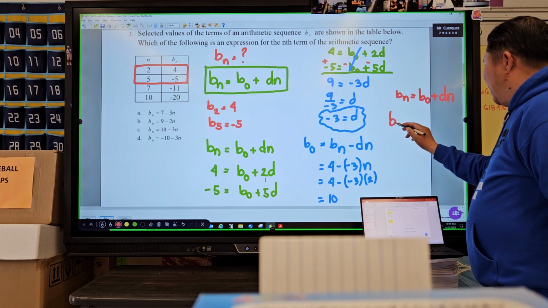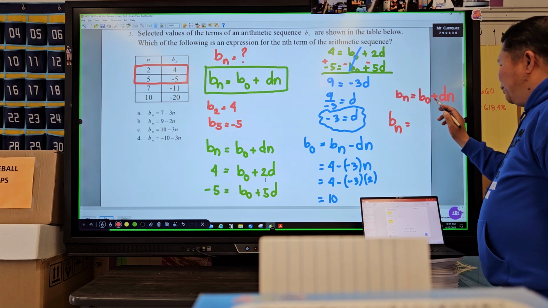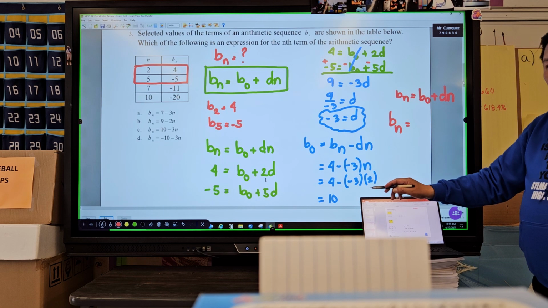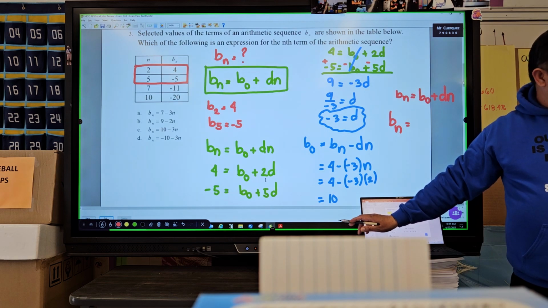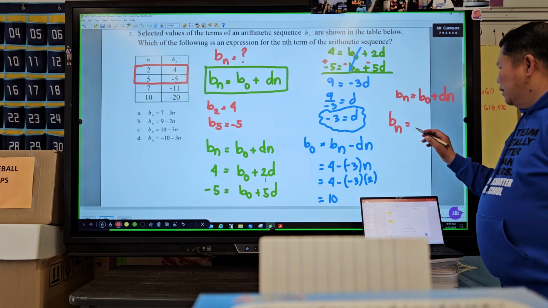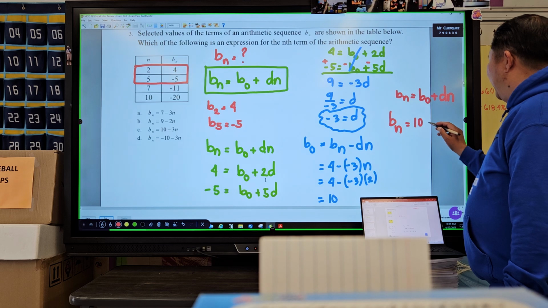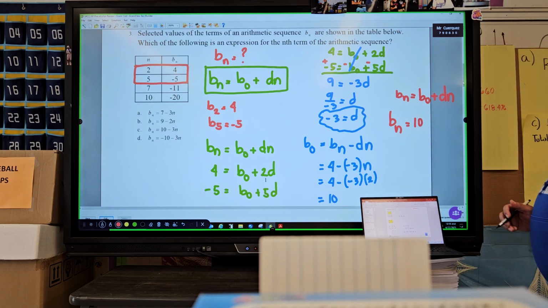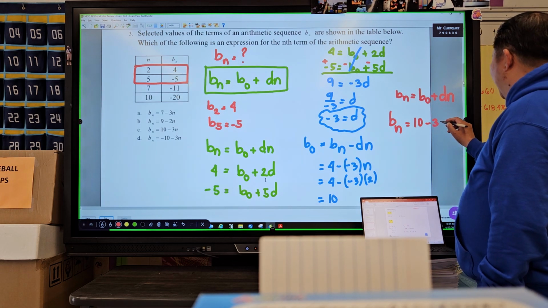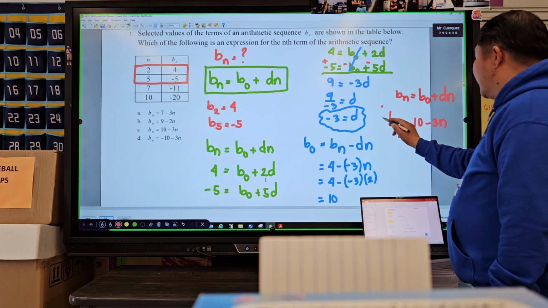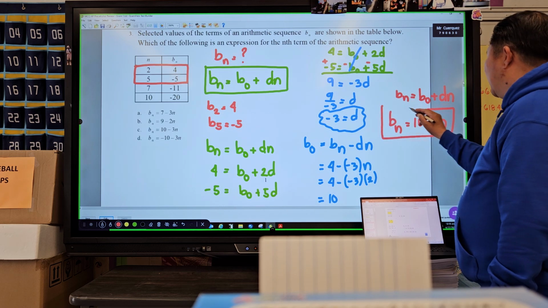So, what is the value of our B sub O? It's gonna be 10, right? 10. So, write down 10. And then, what is our D? It's gonna be negative 3. So, negative 3 and then n. And this is our final answer.